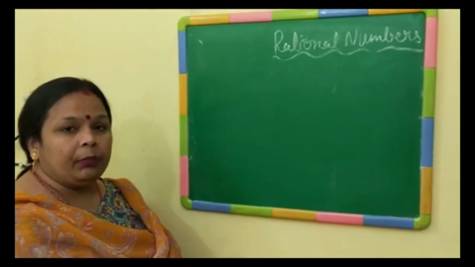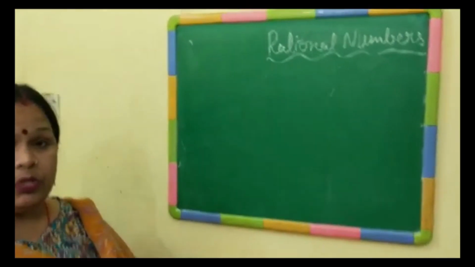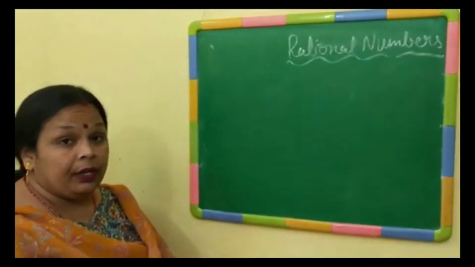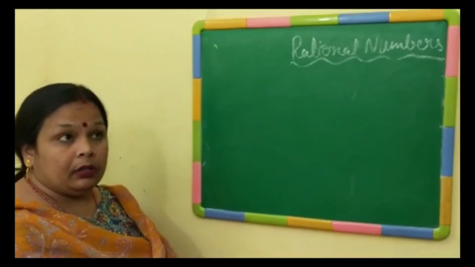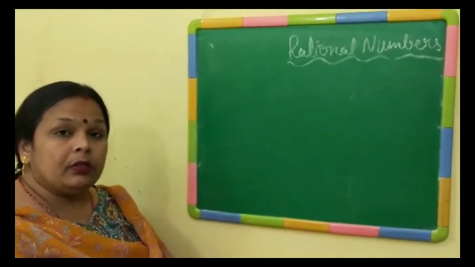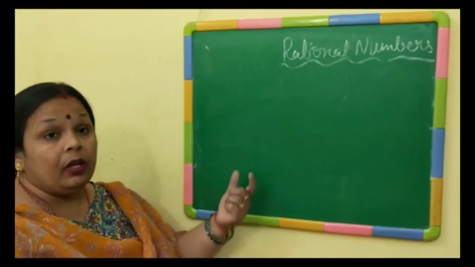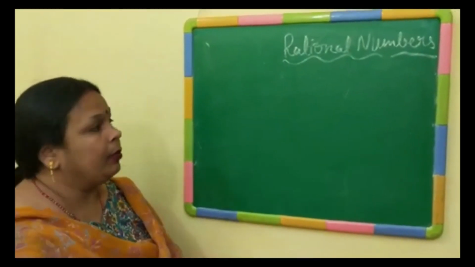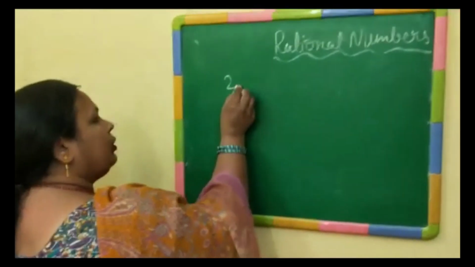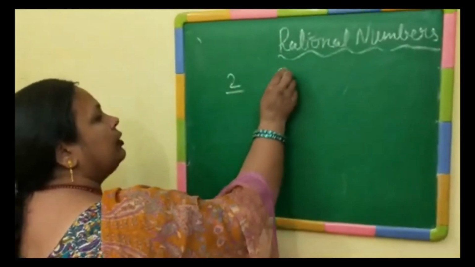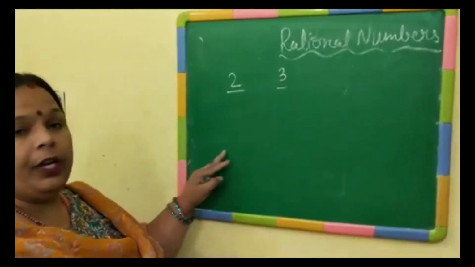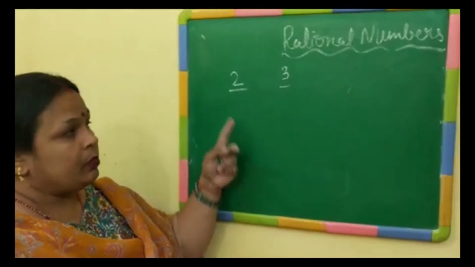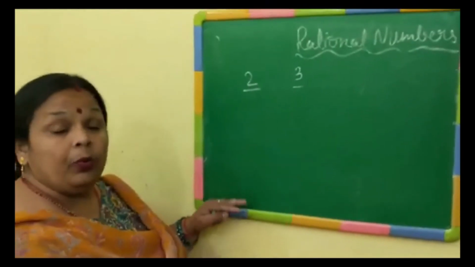After representing rational numbers on a number line, let us find rational numbers between given ones. If 2 rational numbers are given, we need to find the numbers between them. Let's take an example: we need to find rational numbers between 2 by 3 and 5 by 3.